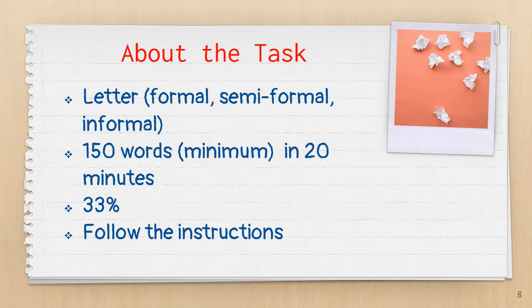Because you don't have any relationship whatsoever with the recipient of the letter, and you're writing to him or her because of the position the person occupies, which is being the editor of the newspaper, it means that you're supposed to write a formal letter.